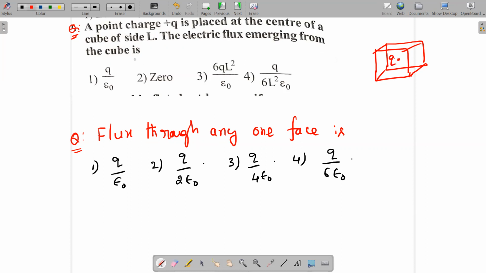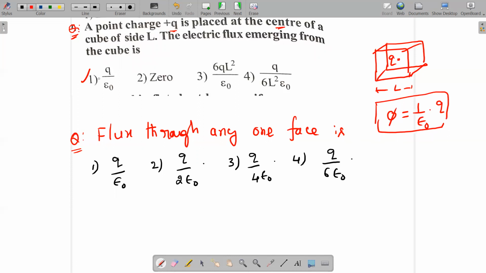So the electric flux emerging from the cube, if a point charge Q is placed at the center of the cube of side L. In this case, from the statement of Gauss law, flux is equal to 1 by epsilon naught times the charge enclosed. How much charge is enclosed? Q. So it is directly equal to Q by epsilon naught. So the first option is the right one. Is it clear, guys?